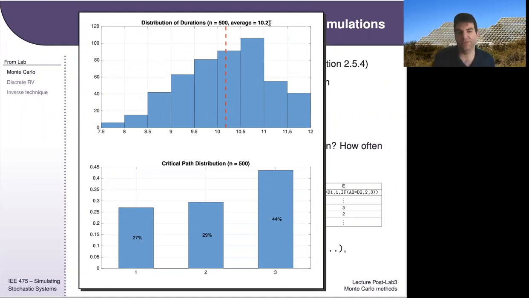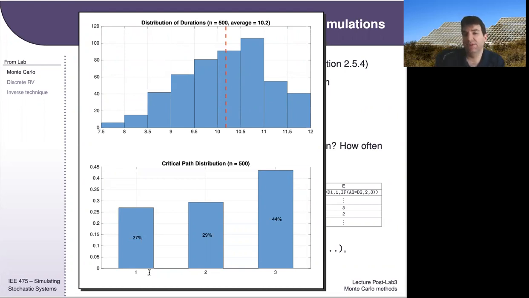So that's what I should have done. But I didn't do a confidence interval here because I didn't ask you for a confidence interval, just for an average. And the average for this is definitely much larger than 9. So this activity is taking much longer than 9 minutes. If I look at my critical path distribution, you might have expected a 33, 33, 33% split, where the top pathway is longest a third of the time, the middle a third of the time, and the bottom one a third of the time.